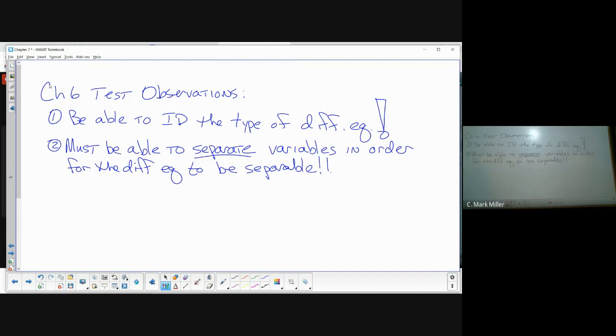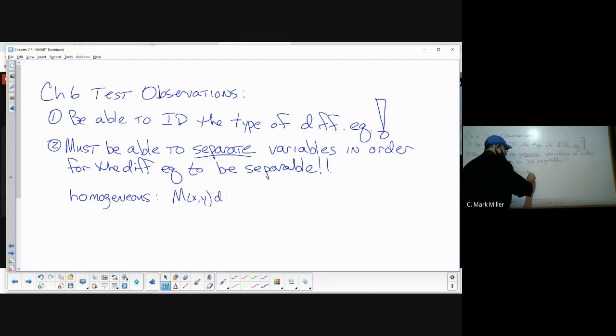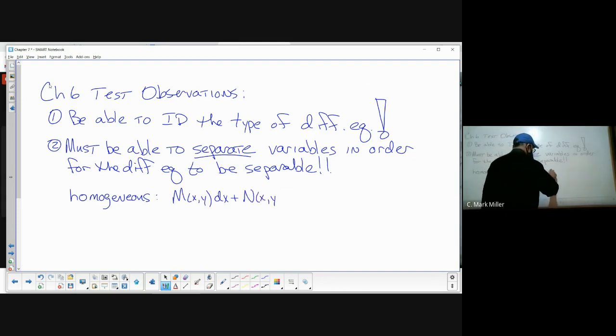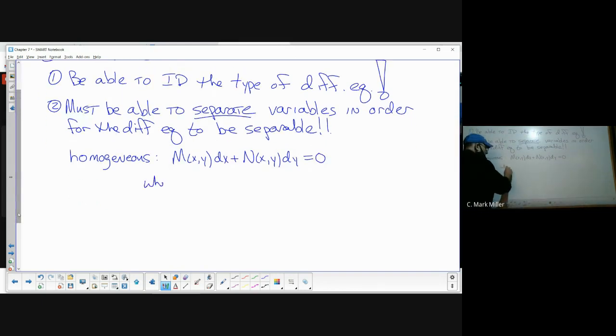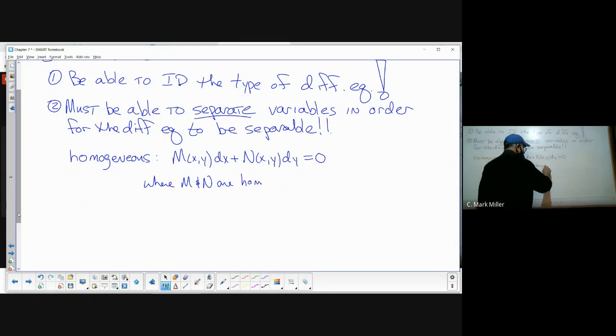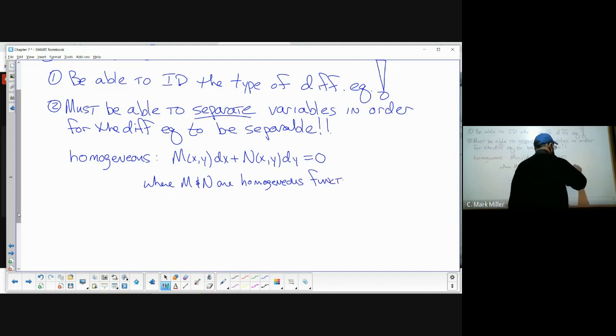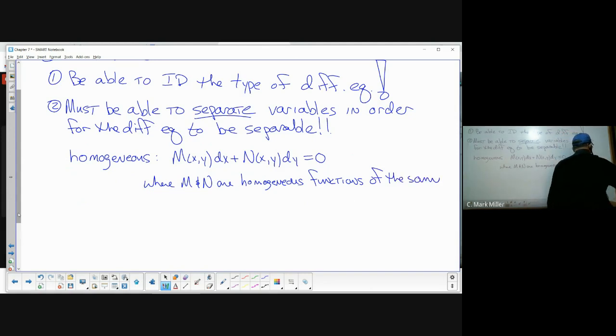the next thing to have tried was, is it homogeneous? Can you write it in the form m of x y dx plus n of x y dy equals 0, where m and n are homogeneous functions of the same degree.